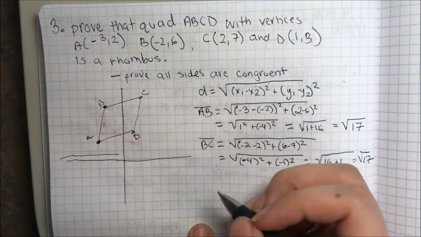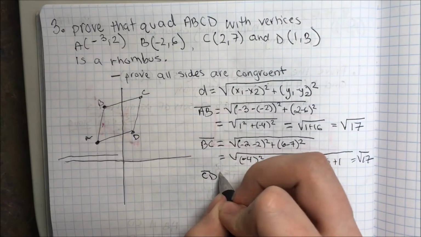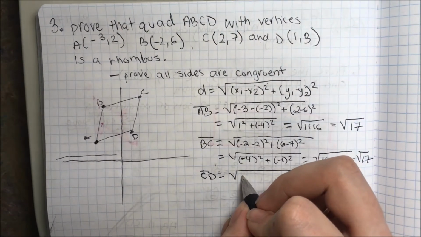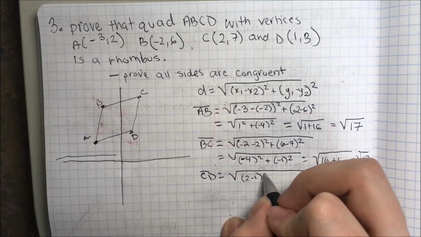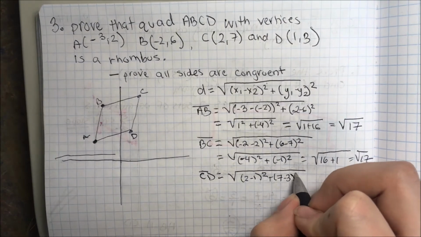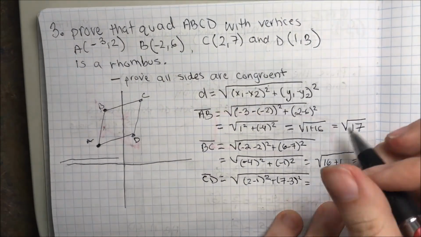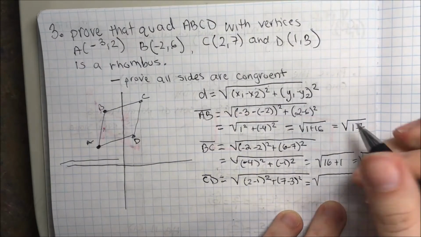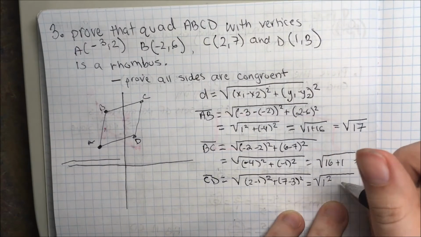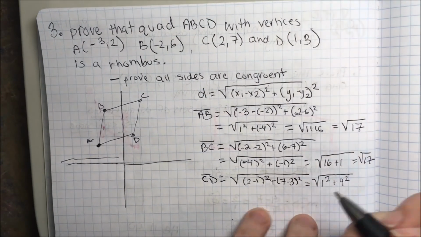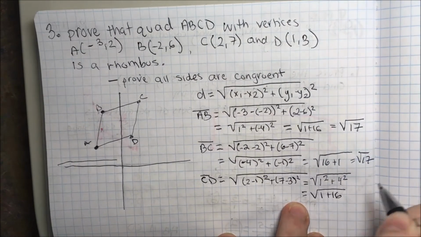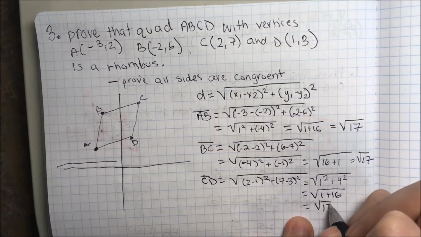Now we're finding the distance of CD. We have 2 minus 1 squared plus 7 minus 3 squared, which is equal to 1 squared plus 4 squared, which is 1 plus 16, which is also the square root of 17.